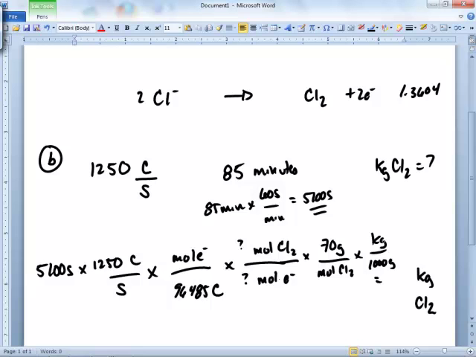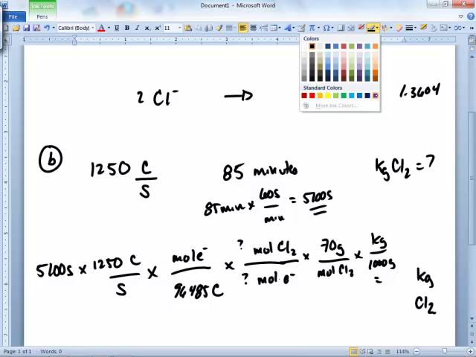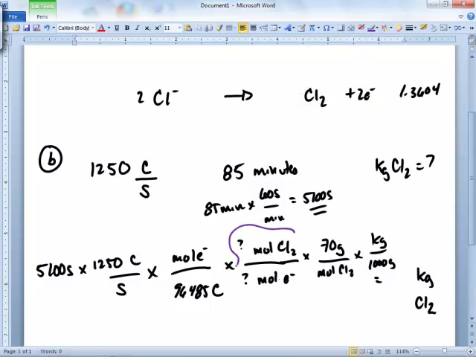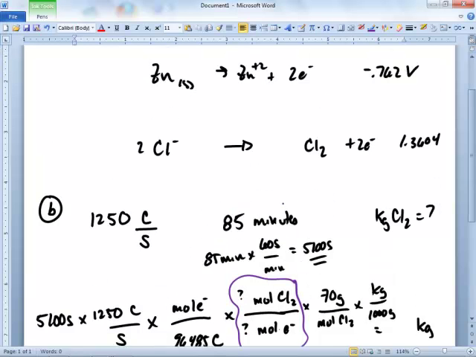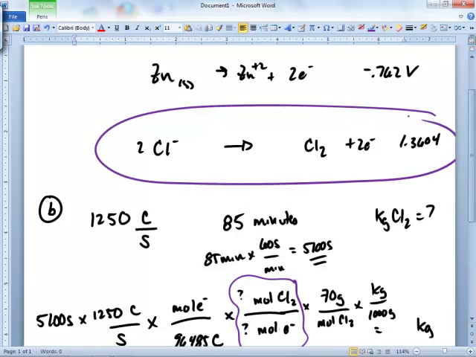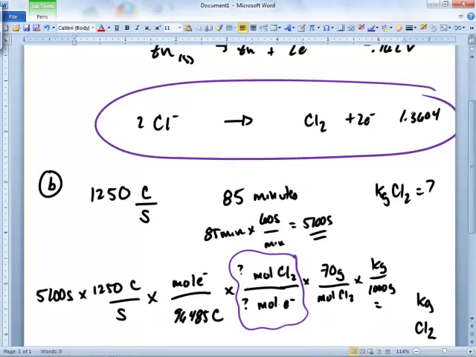So what about our missing little ratio here? The overall reaction wouldn't help you because the moles of electrons cancel in it. So let's use the half reaction. Here it is. So it'll be 2 moles of electrons for every 1 mole of chlorine.